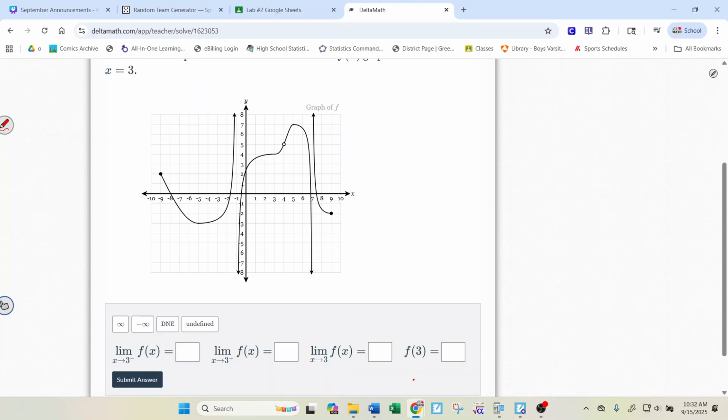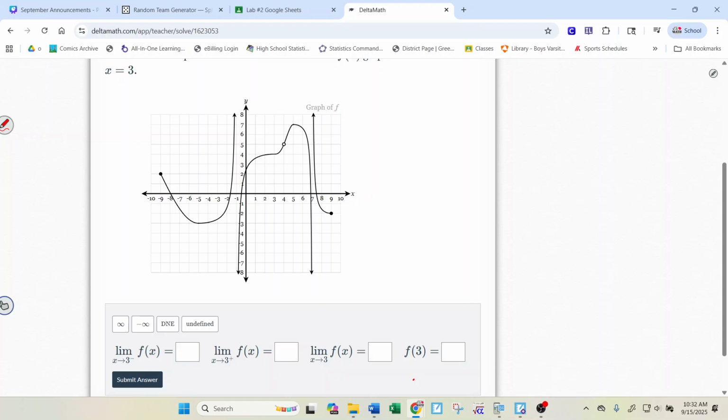All right. 3. So we're looking at 3 right here. What is the limit from the left at 3? 4. What's the limit from the right at 3?